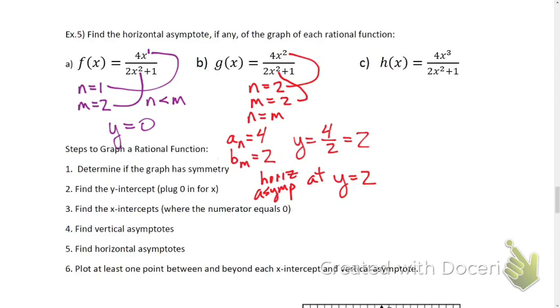Part C, n is 3. All right, I had to hit pause. I don't remember my last word, but n is 3, m is 2, n is greater than m, so no horizontal asymptote. Meant to change colors on that one. It's all red.